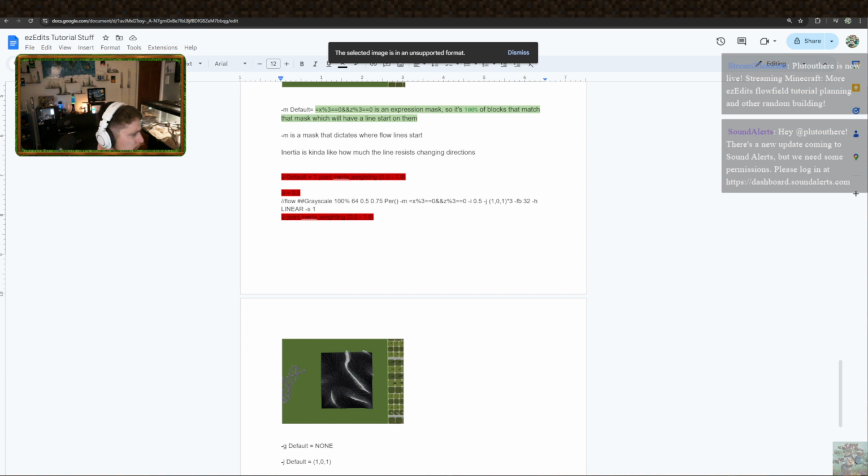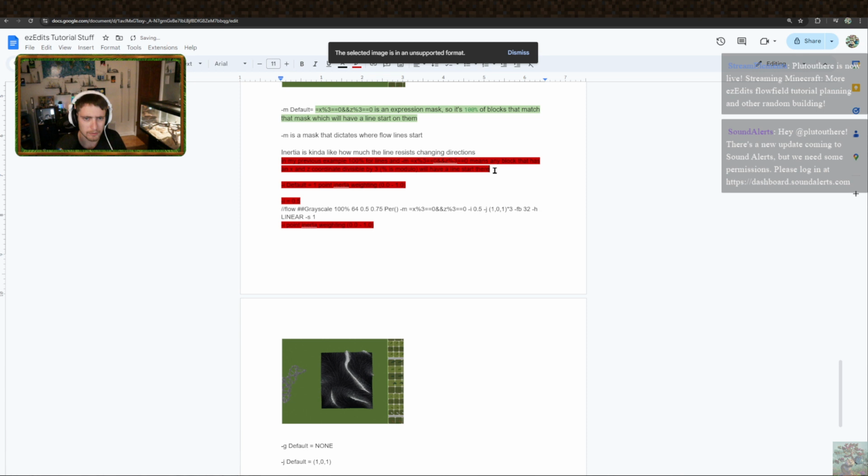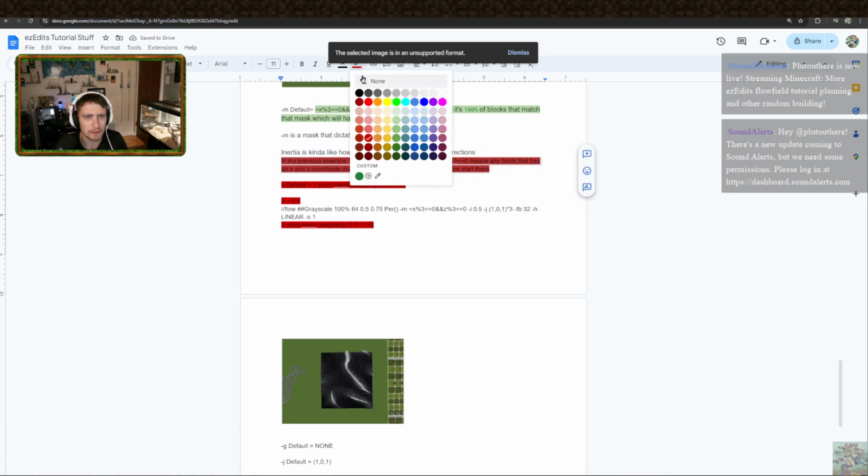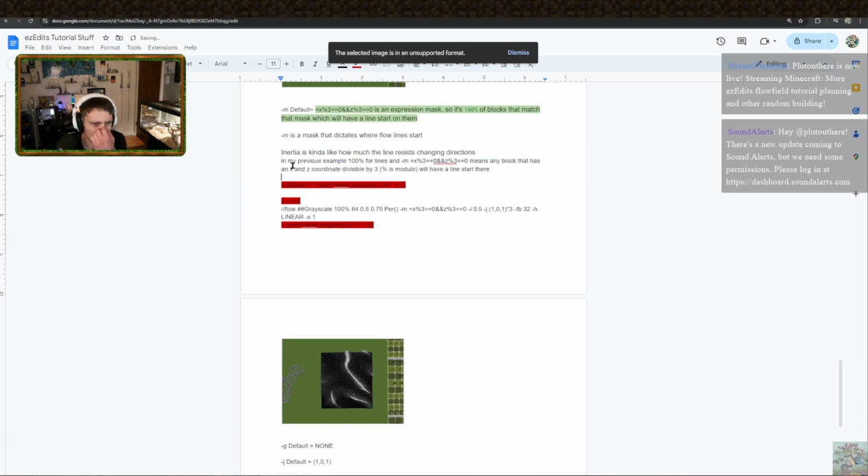Okay, so which one is he describing here? Any block. Okay, right. So this is him describing it in the actual command that we were using, with the -M stuff. Let me put in the command example, 100% for lines and -M.